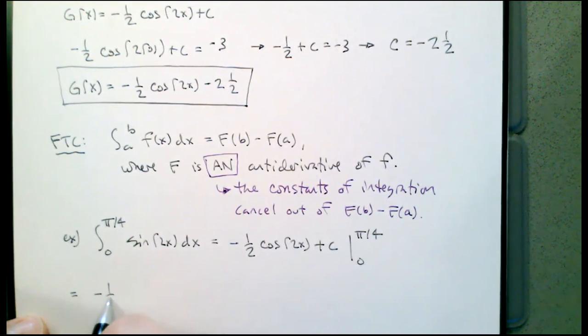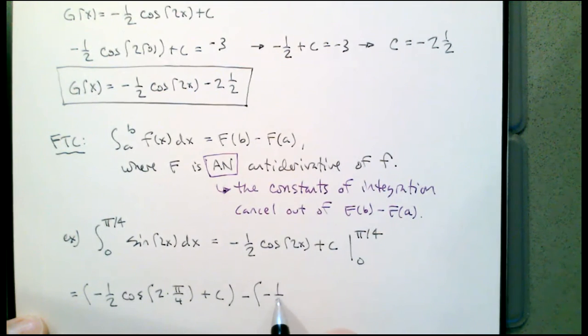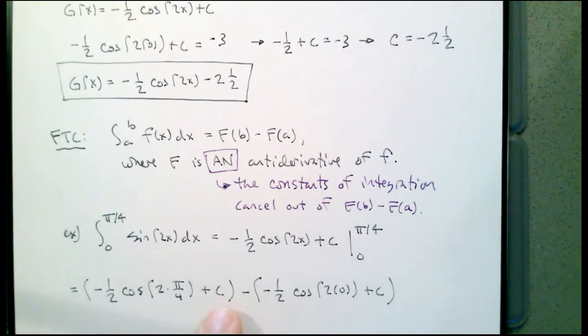So I have a negative 1/2 times the cosine of 2 times pi over 4 plus c, minus a negative 1/2 times the cosine of 2 times 0 plus c. So we can see in this scenario that we have a c from the capital F at b minus a c from the capital F at a.